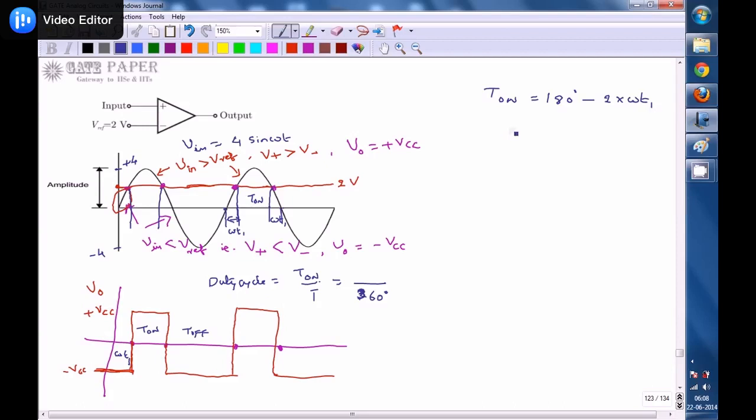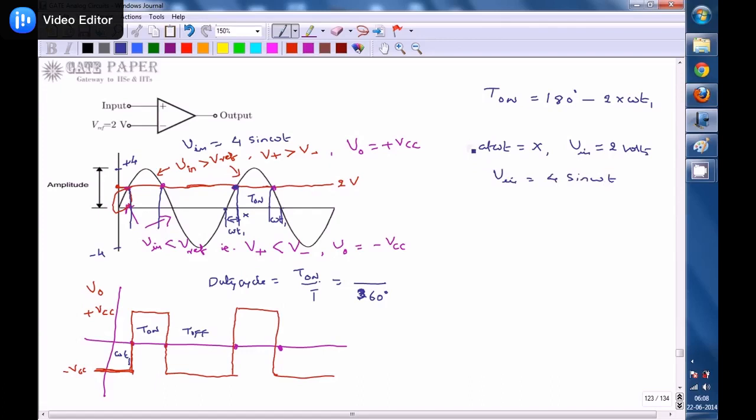So now, omega t1, what can we write? Omega t1 is nothing but the portion at this point. Let us assume this is something like x. So at omega t equal to x, the input signal is going to reach 2 volts. We have defined V input as 4 sin omega t.